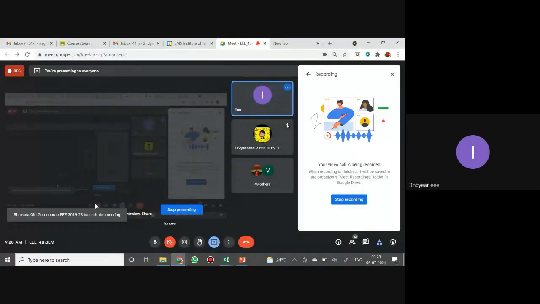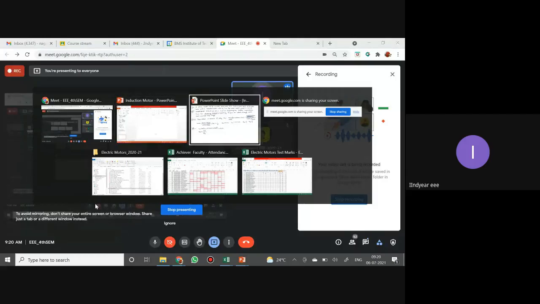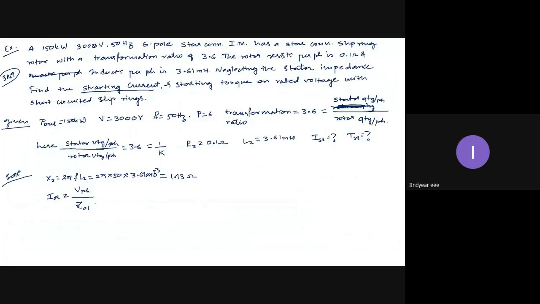It is the impedance of the transformer under short circuit condition referred to primary. Now what is Z01?